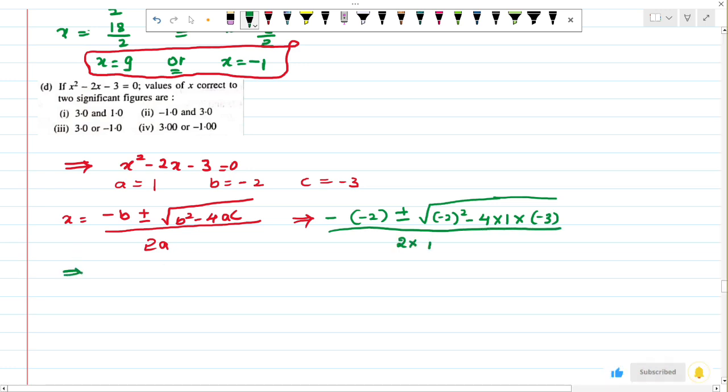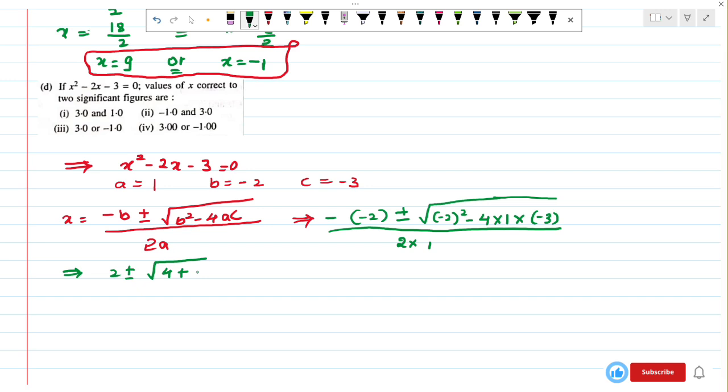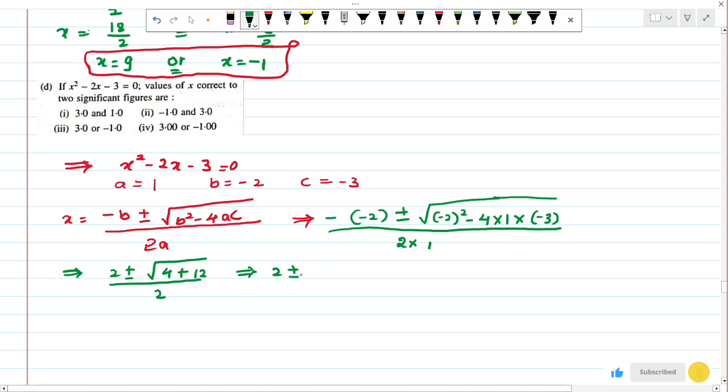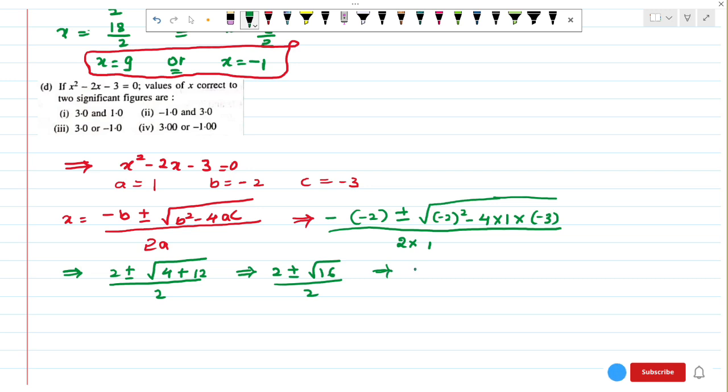So I'll simplify this: 2 plus or minus root of 4, minus of minus becomes plus 12, divided by 2. So 2 plus or minus root of 16 divided by 2. Again simplifying: 2 plus or minus 4, since root 16 is 4, divided by 2.